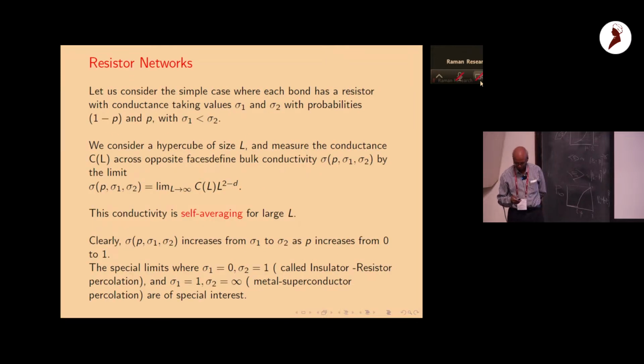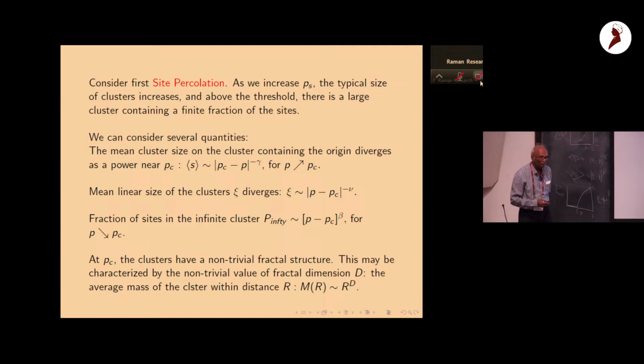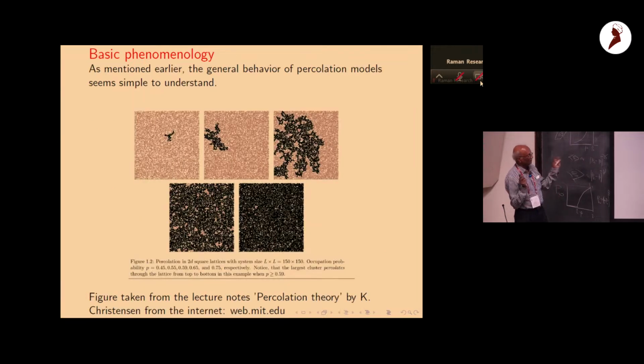Yes, sir. In case of mean cluster size, it is mentioned that the cluster containing the origin. No, sorry, just one second. Take any cluster. In this case, it was the maximal cluster. But take any cluster, it has a diameter. That is the notion we are defining. For each cluster, there is a notion of diameter.